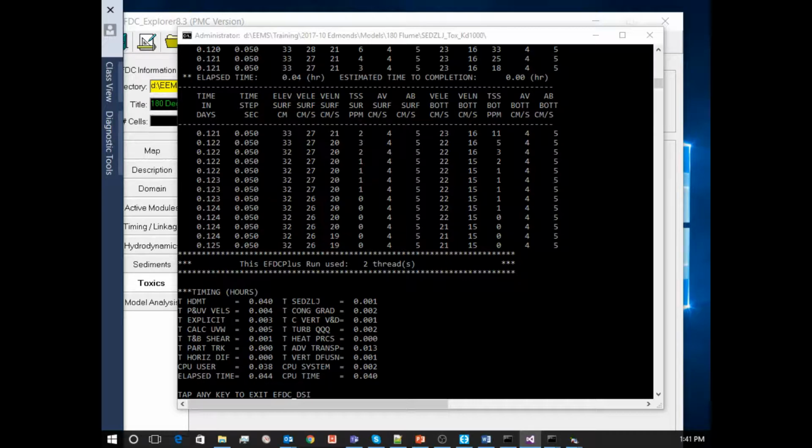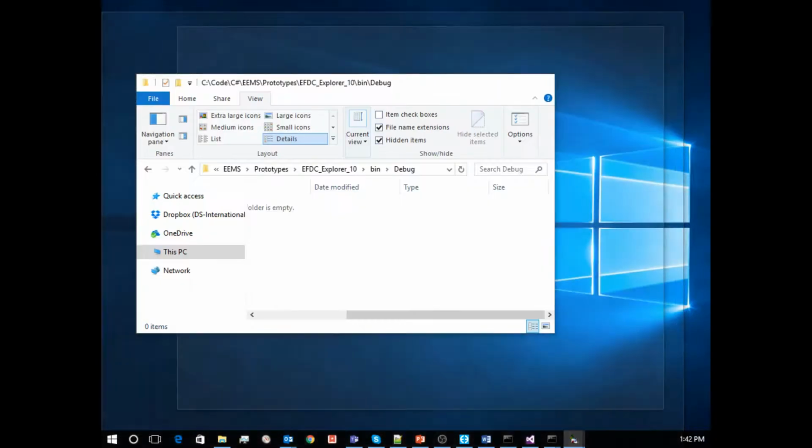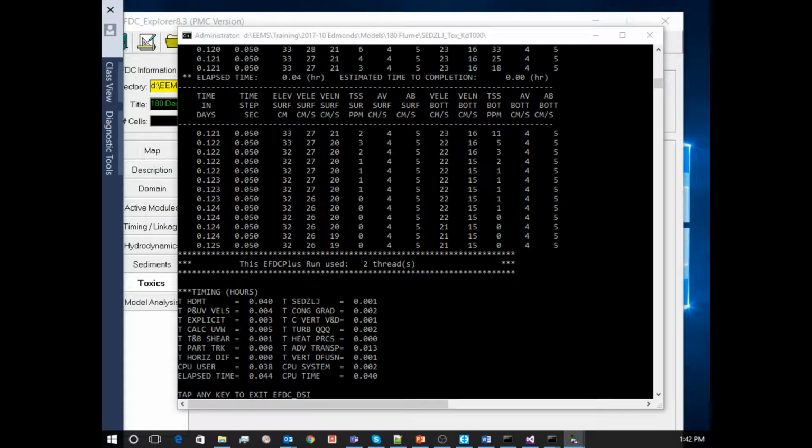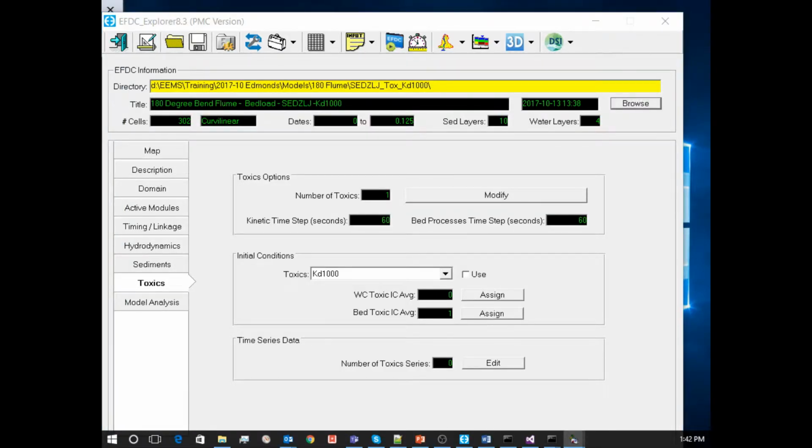Still compiling. Oh, that's right. Mouse doesn't work when that's plugged in. Yeah, let's see what this looks like.